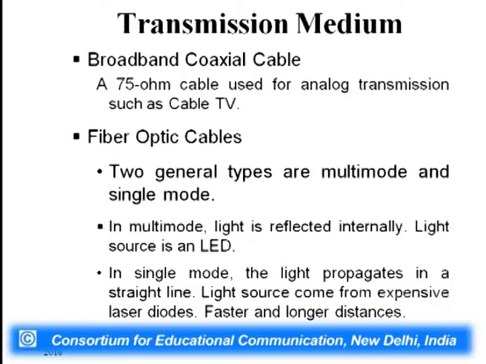But when it travels in a curved manner, hitting up and then coming down in a triangular shape, it will not travel a longer distance, whereas in single mode fiber, the light travels straight, so it will travel a longer distance. They also attenuate, but they attenuate at a lower rate.